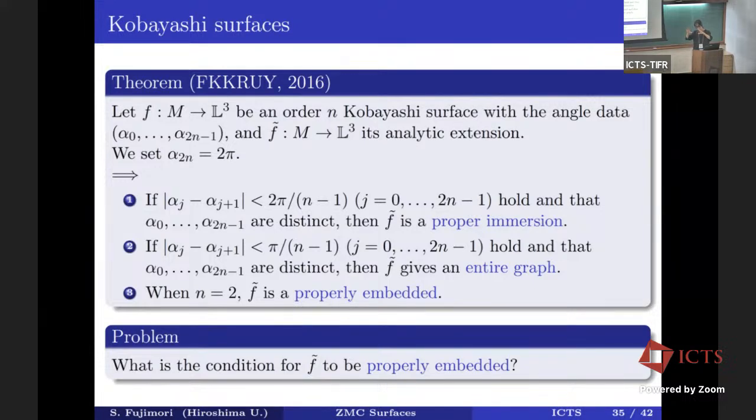Then if we modify somehow, then somewhere it is not a graph, but embedded. But then further, it is not embedded, but immersed. But then further, it has some singularities, again, as a zero mean curvature surface. So we know the condition for the surface to be a proper immersion and the entire graph, but here we don't know so far. So this is the remaining problem. So I hope some of you will solve the problem.